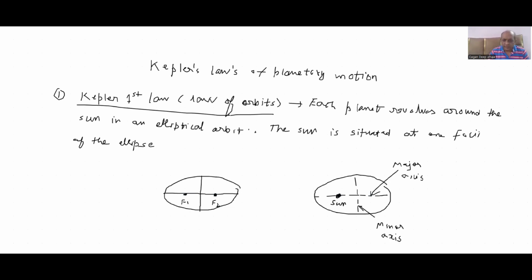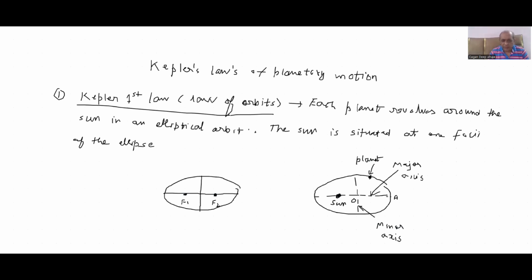O is the center, and there are two positions. So this planet is revolving. This is the planet, which is revolving in this elliptical orbit. Okay. And there are two positions. So this is the position A of the planet when it is away from the sun, which is called aphelion position.